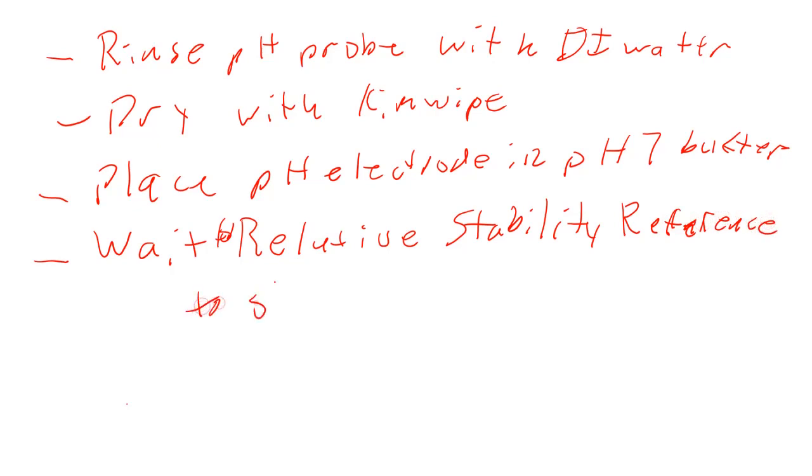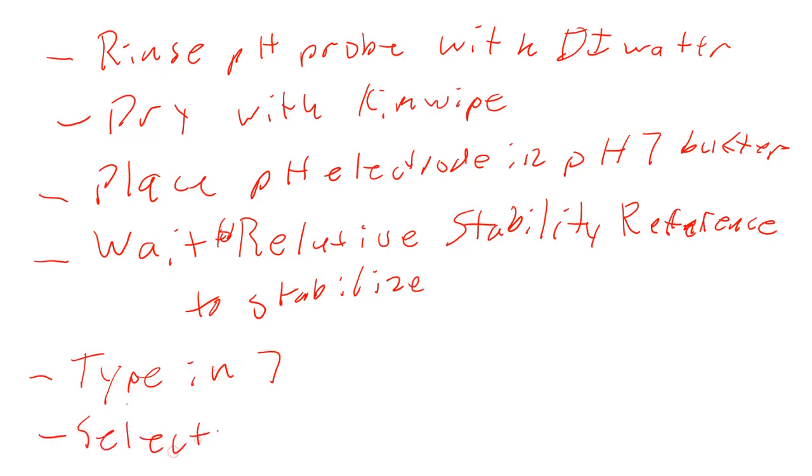So make sure that this value is stabilized, and it may take a few seconds or even a minute, so be patient. Allow that number to stabilize, and then once that number stabilizes, you're going to type in 7, and then you're going to select apply. So now you have calibrated your pH meter.